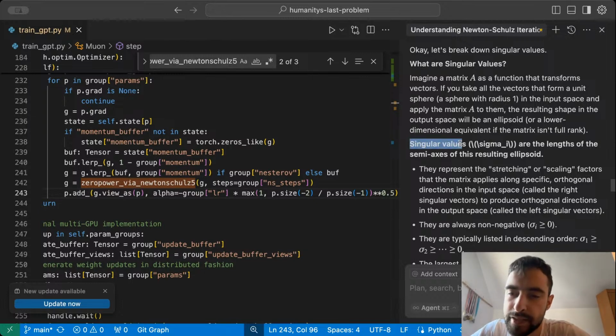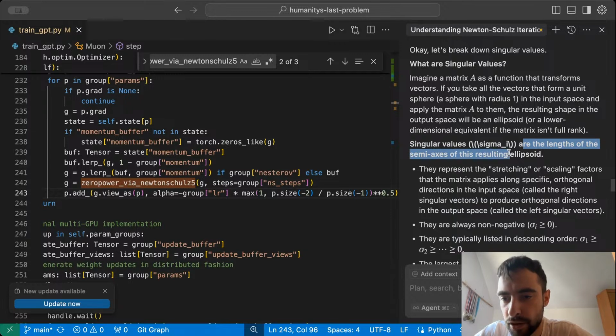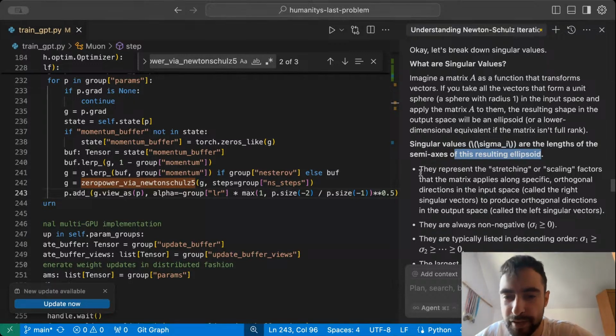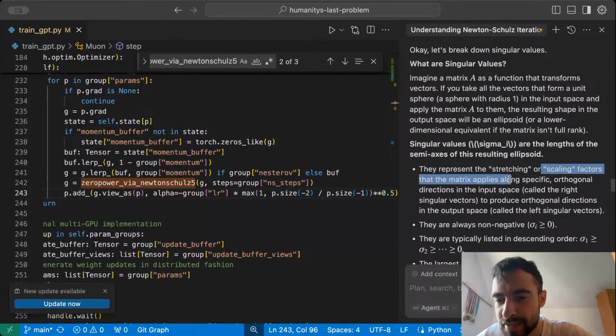Let's see. Singular values are the lengths of the semi-axes of this resulting ellipsoid. What are semi-axes of this resulting ellipsoid? They represent the stretching or scaling factors. Stretching, scaling, yeah, it's the same thing.